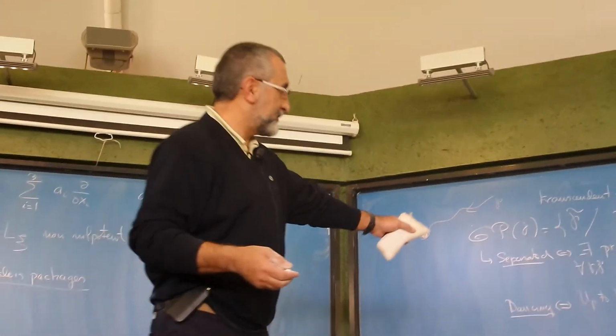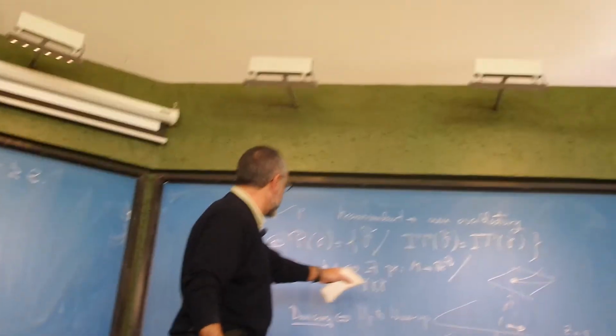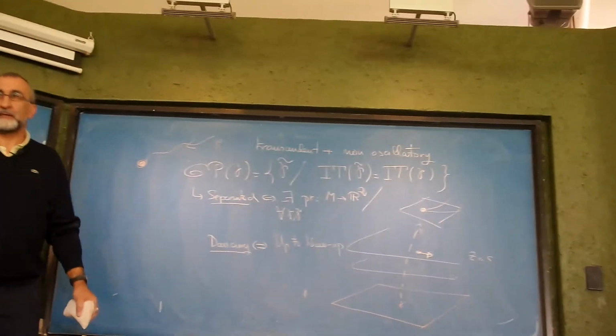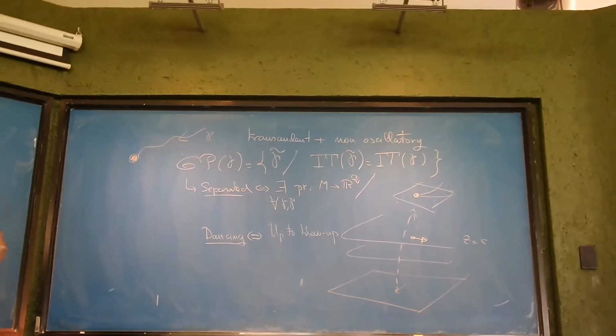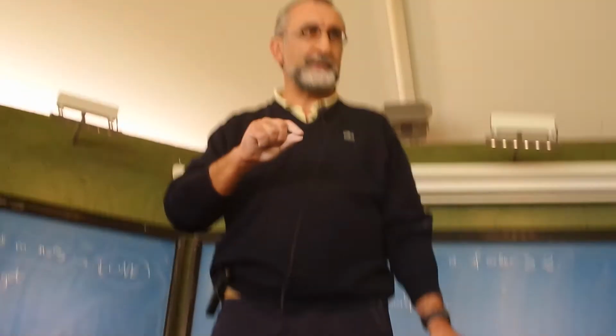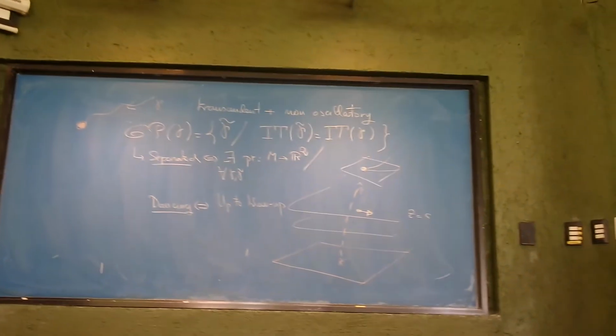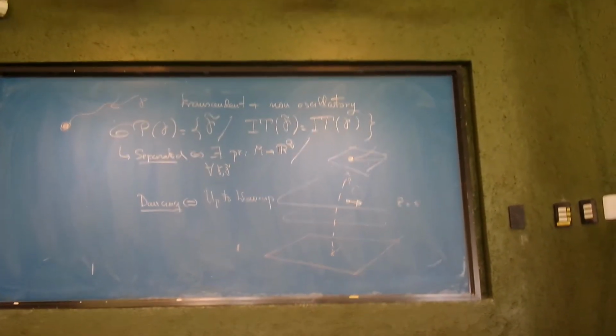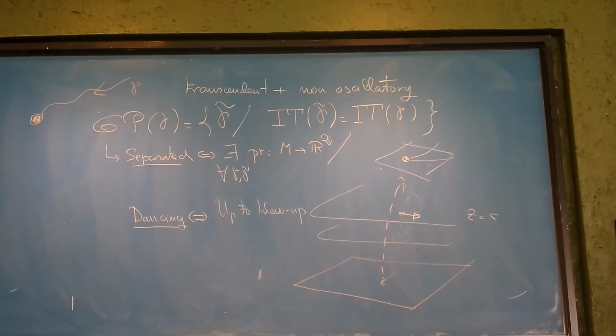Of course, if you turn around, it is not possible to be separated. It is not clear that one Galois package is of one type or of the other type. But what is clear is that the situation is stable by blow-up.